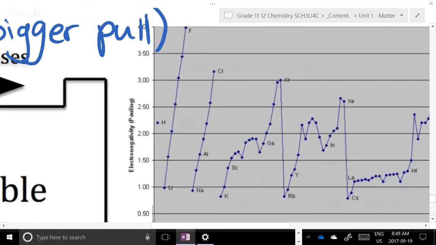Any other questions? Yeah. So hydrogen is not part of any sort of trend? Hydrogen's a really interesting case. Hydrogen is part of group 1, and its behavior is kind of like group 1, but it actually sits in this weird middle place, where it usually will give up an electron and become a positive ion, but sometimes, in certain situations, will take an electron and become a negative ion.